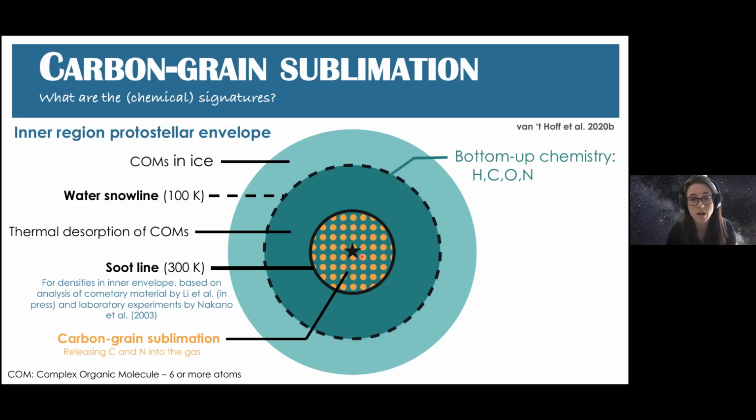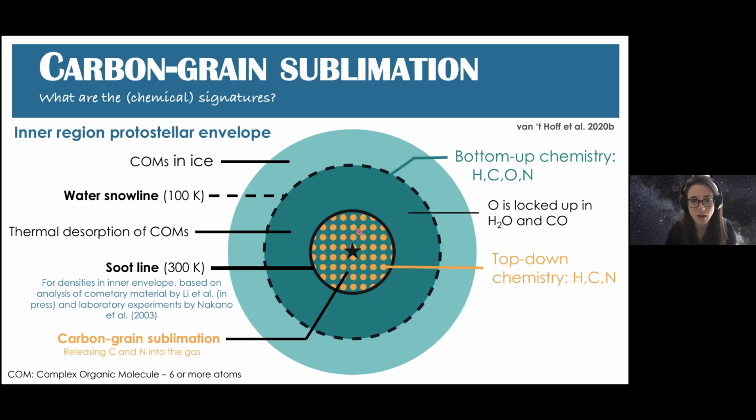Most importantly, there won't be any oxygen, because the traditional so-called bottom-up chemistry that we have in the envelope and in earlier stages, which starts from atoms and builds them up either in the gas or in the ice into more complex molecules, locks up oxygen in water and CO. This is very efficient, and it's very hard to get oxygen out of these molecules again. So the majority of oxygen will be locked up there, and an important part of oxygen will be present in silicate grains, but not in this carbon grain material.